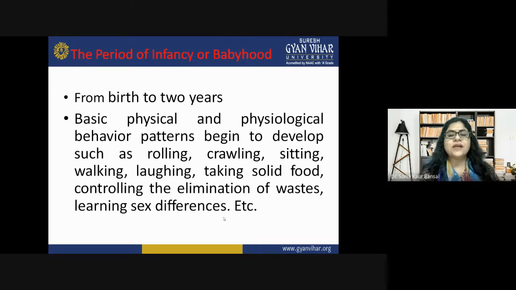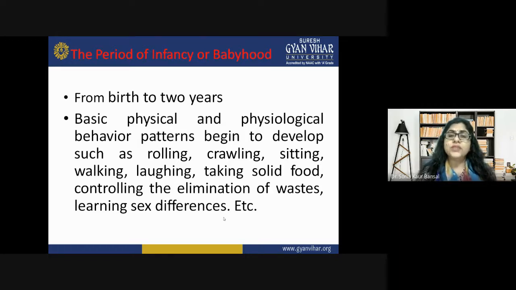Basic physical and physiological behavior patterns begin to develop, such as rolling, crawling, sitting, walking, laughing, taking solid food, controlling the elimination of waste, learning sex differences, etc. This is the time when the child has taken birth, and 0 to 2 years is a very important period when the child shows all the PMSA, which I have told you: physical, mental, social, and emotional developments in his or her behavior.